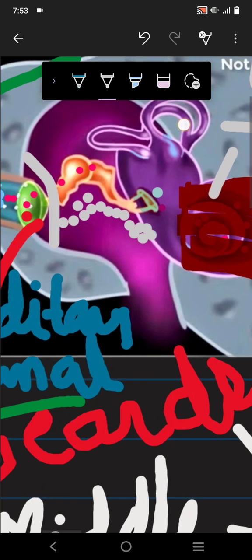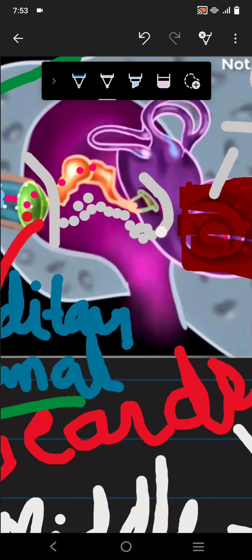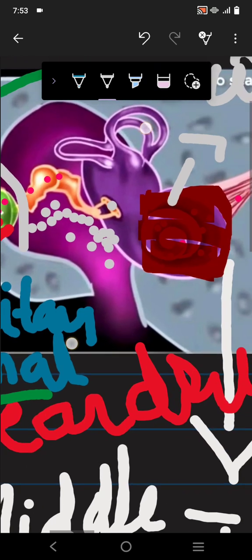As I said before, at the stapes area it will require more pressure, because the water substance will not allow small pressure to go inside.